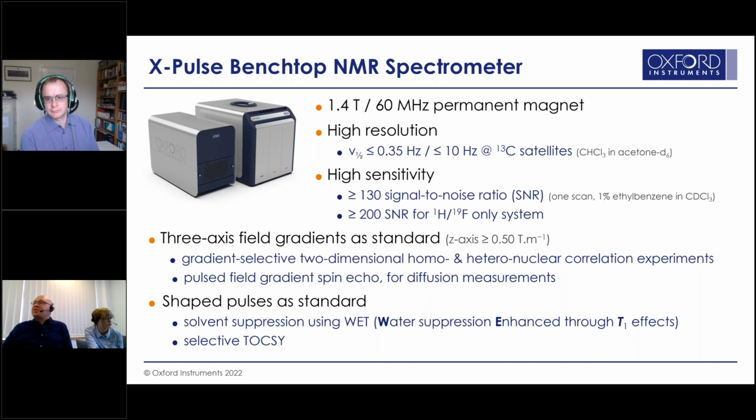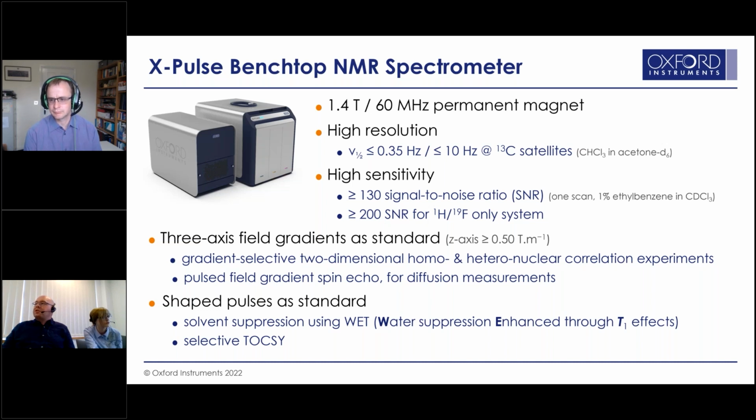In terms of pulse sequences, in principle, anything that you can visualize running on a high field system, we are capable of running on the X-Pulse. In practice, as standard, we'd run a full range of simple one-dimensional spectra. We've seen DEPTs today, we've seen HSQCs today, we've seen HMBCs today.